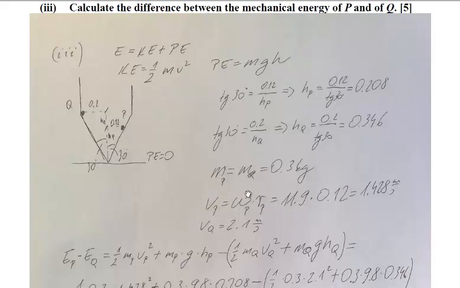We should calculate the velocity of P. It's angular speed times radius. It is here.